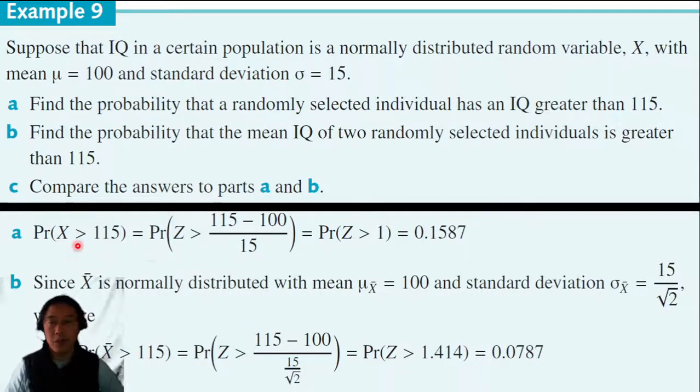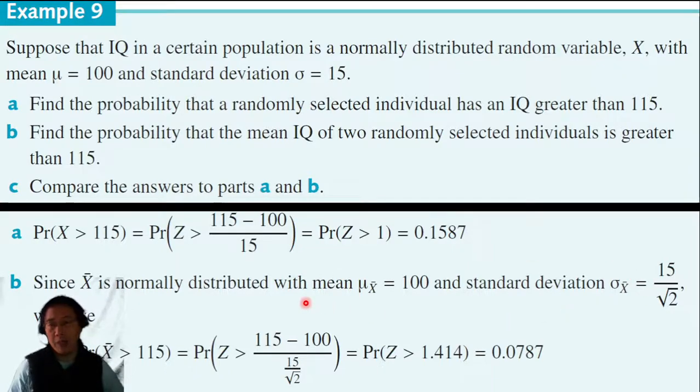So first, probability. Again, with a normal distribution, we tend to standardize, and then we can determine it either by hand because it's a whole number, or you can just use the CAS. Okay. Now we need to find the mean IQ of two randomly selected individuals.